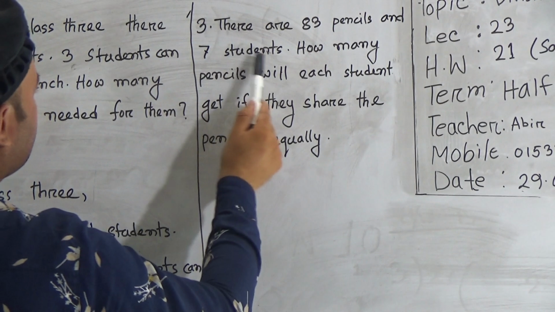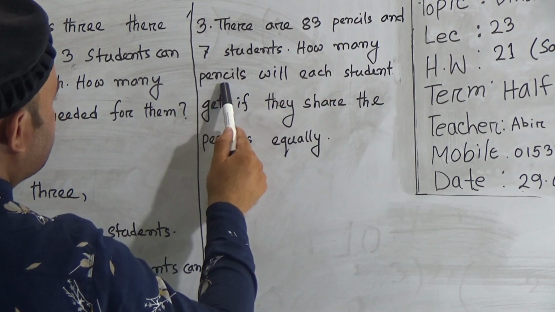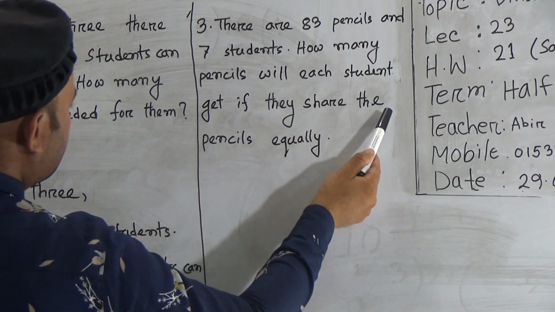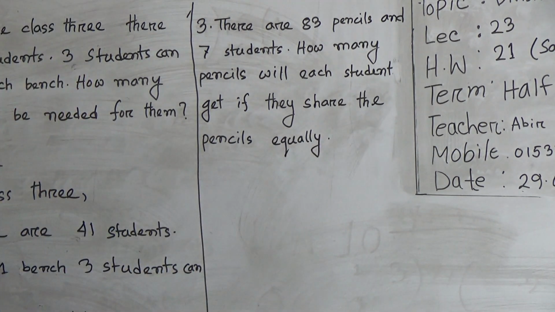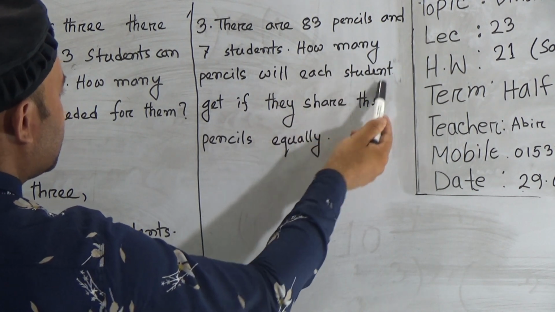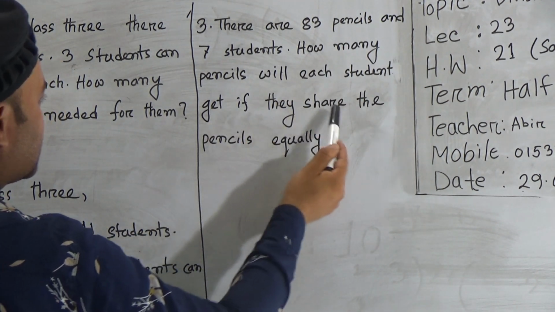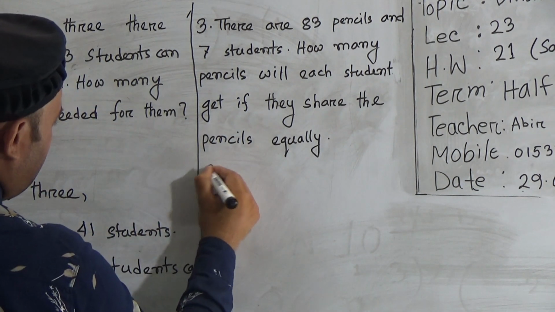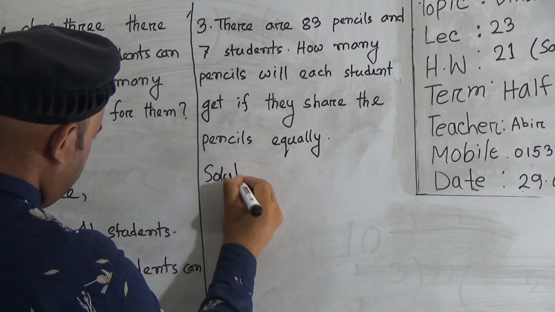There are 83 pencils and 7 students. How many pencils will each student get if they share the pencils equally? Now here is the solution.